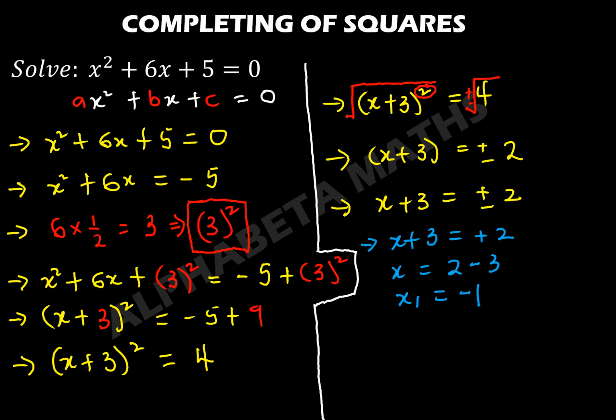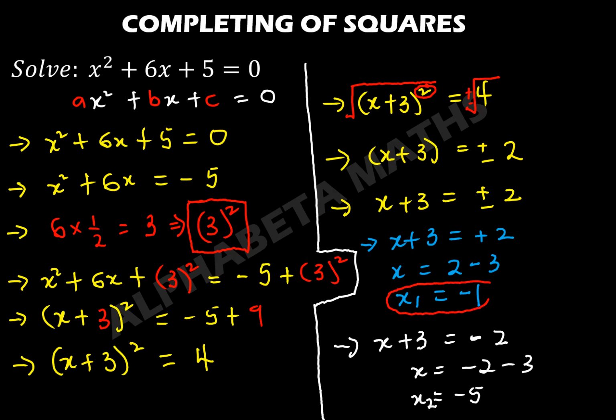The last step is when we have x plus 3 equals negative 2, so x equals negative 2 minus 3. We've moved the positive 3 to the other side of the equation, and we are getting x equals negative 5. So our x2 is negative 5. Now the values of x are negative 1 and also negative 5.